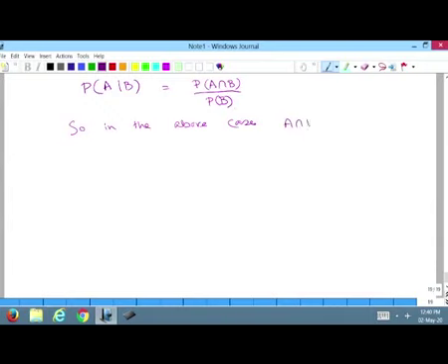A intersection B is equal to singleton 2 and B is equal to occurrence of 2 or 4 or 6.